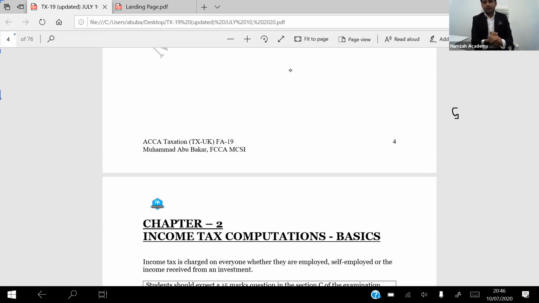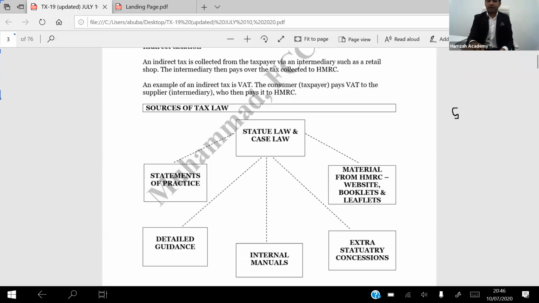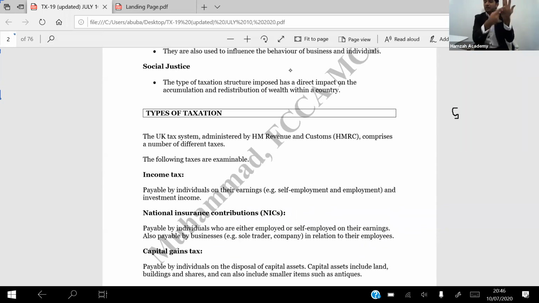Then we learned what exactly the taxation system covers. So we have income tax, which covers individuals, both employed and self-employed. Then we have National Insurance Contributions, NICs, a mandatory contribution by companies and individuals so they can have some social security in their lives. We will learn this part later, but you should consider it a social security contribution.